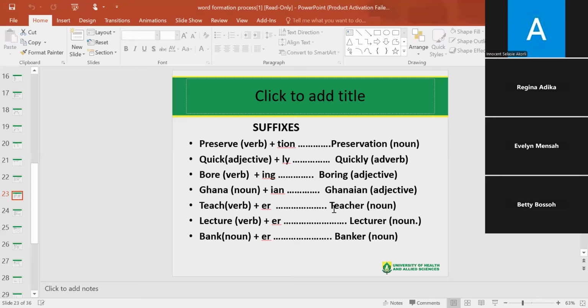Teach plus ER, you have teacher. Lecture plus ER or R, you have lecturer. Bank plus ER, you have banker. So this process of adding prefixes or suffixes to words to create new words is called derivation.